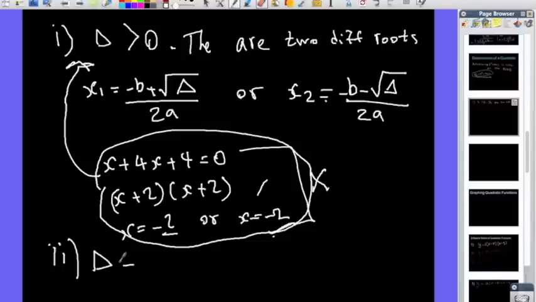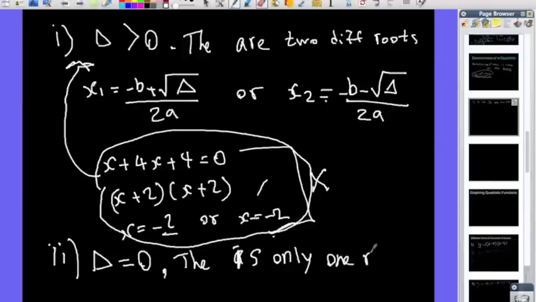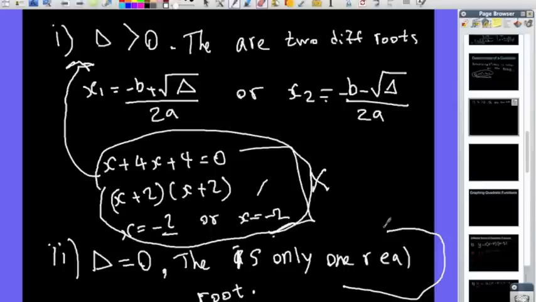If delta equals 0, that means there is only one real answer, one real root. In this case there are actually two roots, but they are the same, just like what I explained in the previous case.